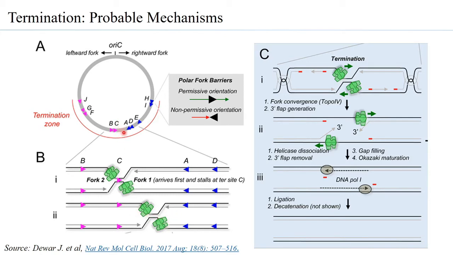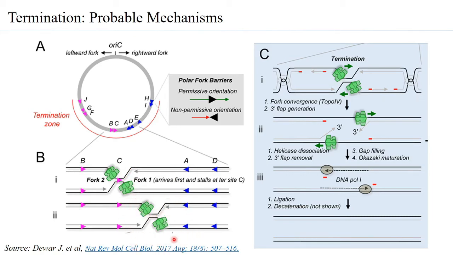And when they meet, because you have the convergence of the two helicases and the replication forks, you will still have termination happening at the terminal region. So the eventuality is that the Tus-ter can help the replication fork stop further movement, or if it is not able to stop the movement, eventually the two replication forks converge to allow termination to happen.